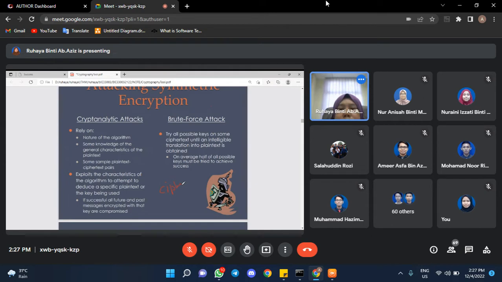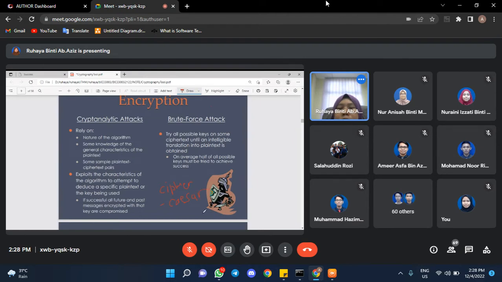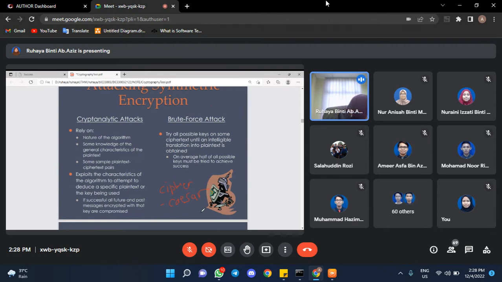Cipher algorithms that exist: we have the first one, what we call Caesar cipher. Caesar cipher is under substitution, where we shift the alphabet by several places.